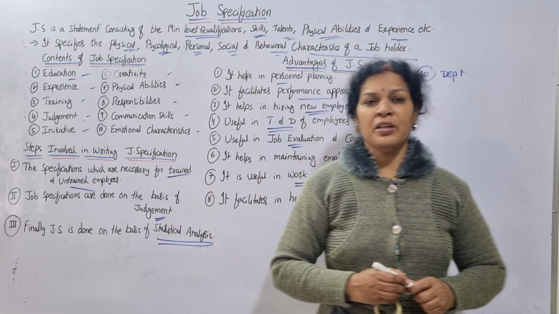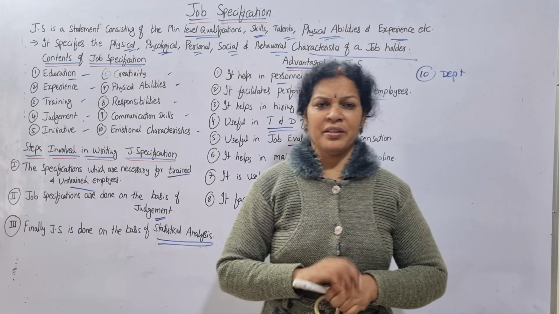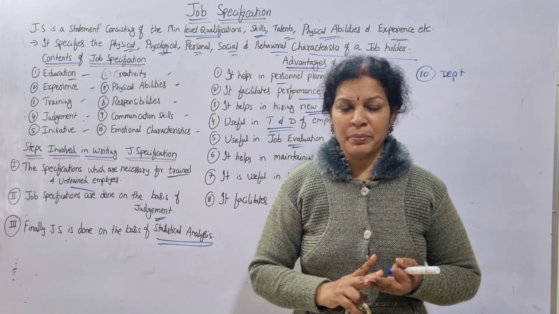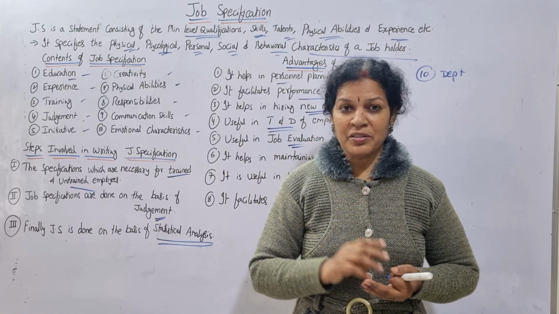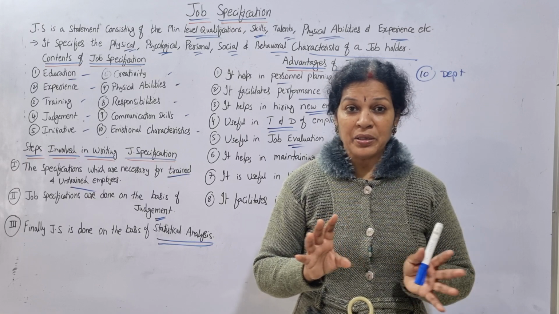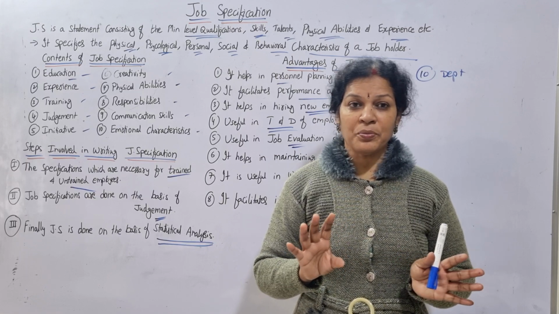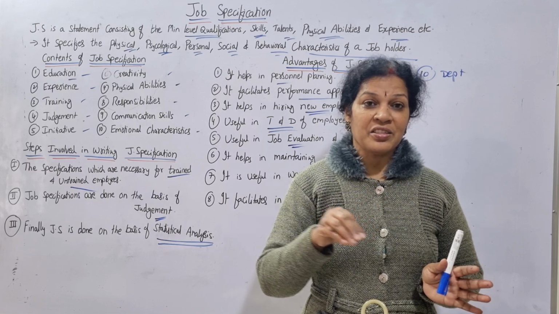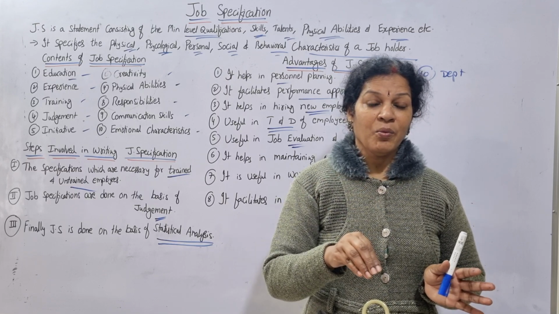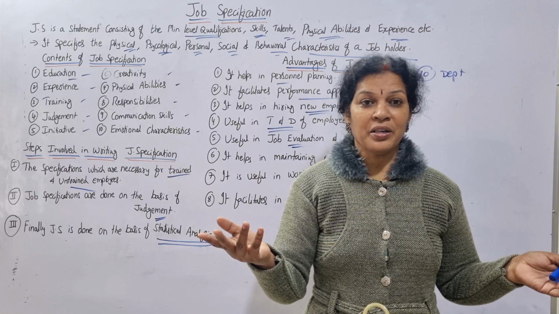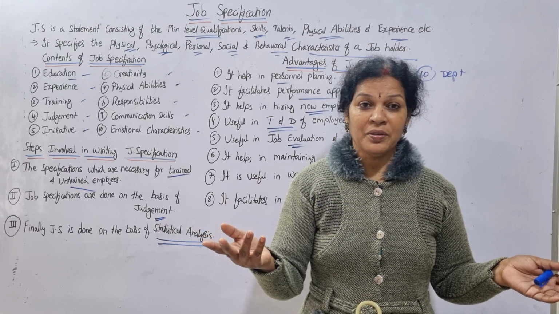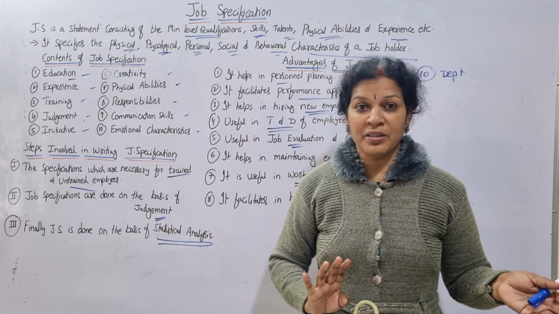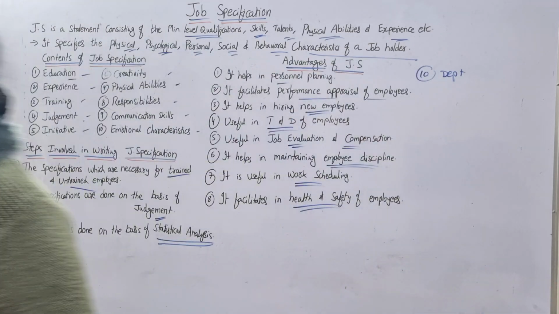Statistical analysis means we do a small survey on the nature of the job, company environment, what kind of employees are required, department wise, work wise. All these things will be decided. This will be known through a statistical analysis, a statistical survey. Once it is done, then finally you can decide about the job specification. Simple 3 steps. Able to remember? Take a screenshot.